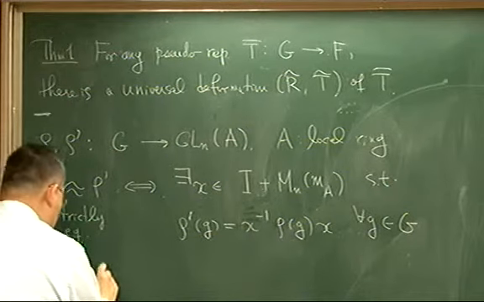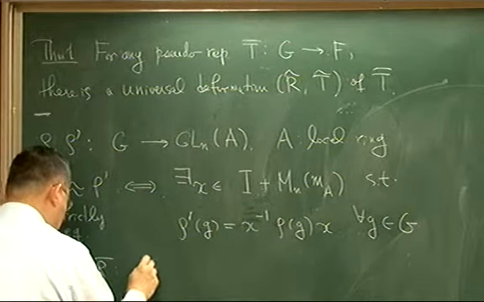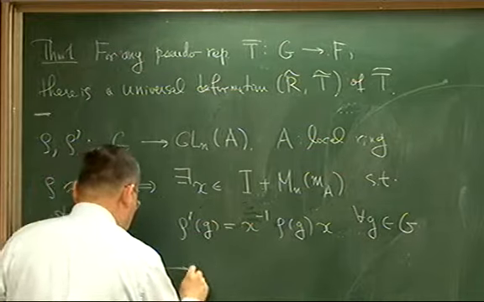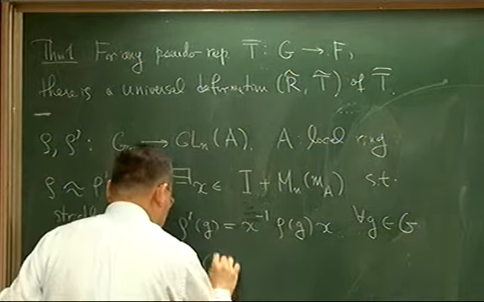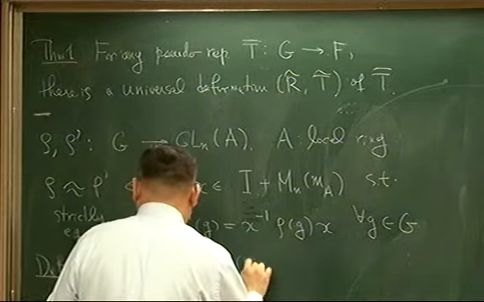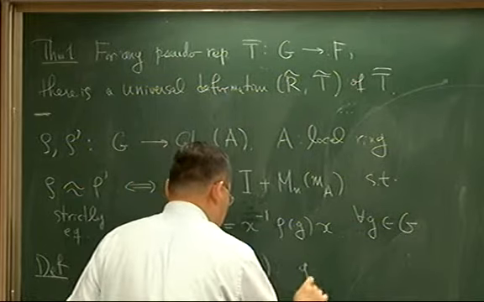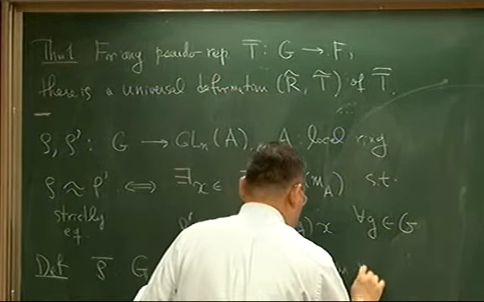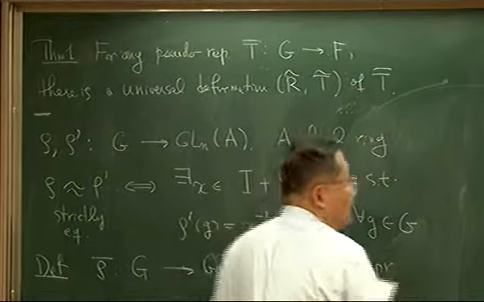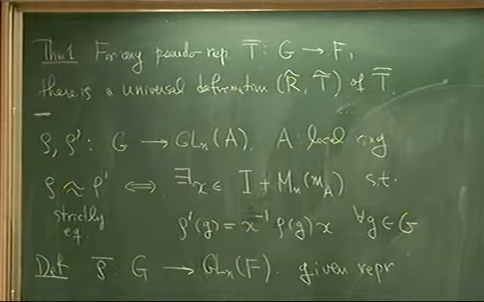Then I define the deformation. Suppose rho bar is a given residual representation, a representation of G to GL n of F, where F is the given field.